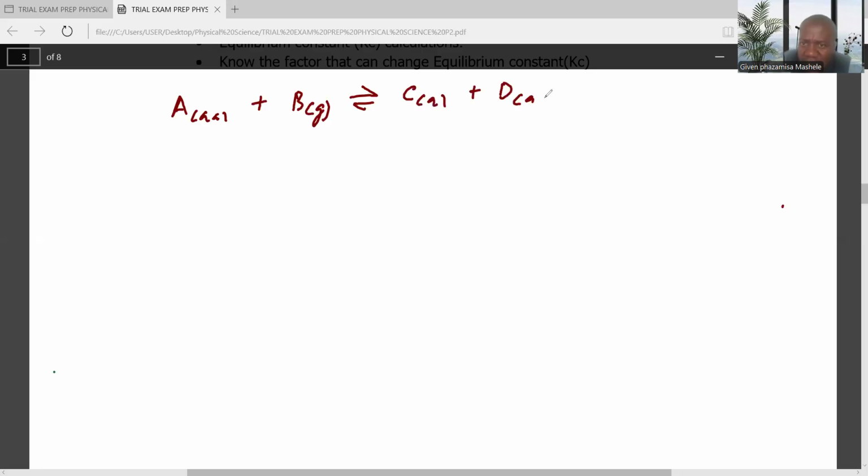It's just an example. The mole ratio here we have 2, here we have 3, there we have 1, there we have, let's say, 1 also. And here they write delta H bigger than 0.